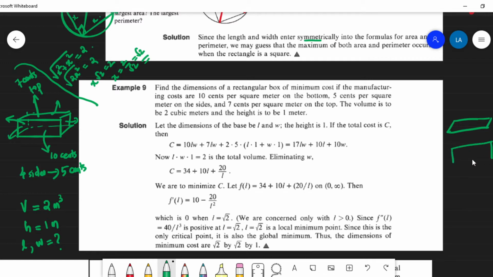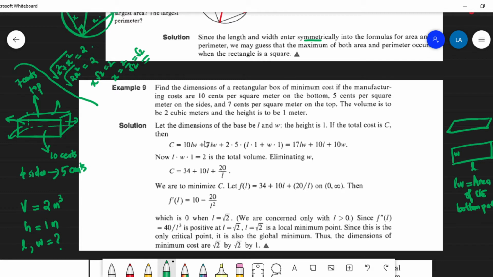So you have the length here and the W here, and this is the bottom part of the rectangular box, and we are given that 10 cents are required to make 1 square meter at the bottom. So the area of the bottom part will be L into W.